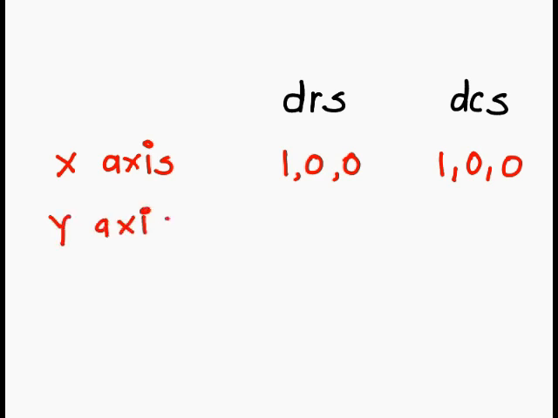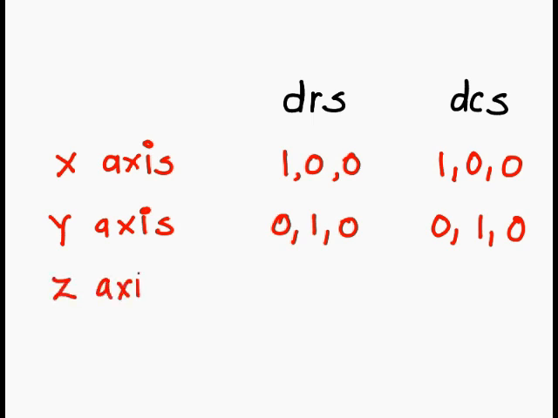Yes, it is 0, 1, 0. And the DCs? Yes, again 0, 1, 0. Now can you guess the z-axis? For the z-axis, the DRs are 0, 0, 1. Now try the last one. Yes, it is obviously 0, 0, 1. So these are the required DRs and DCs.